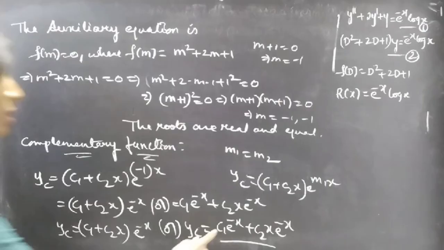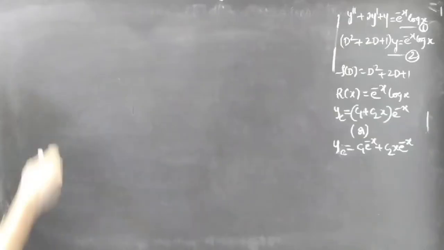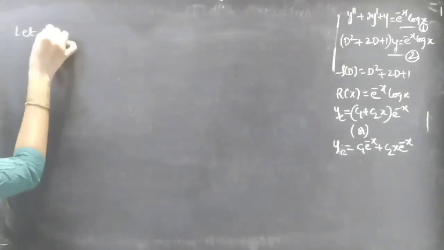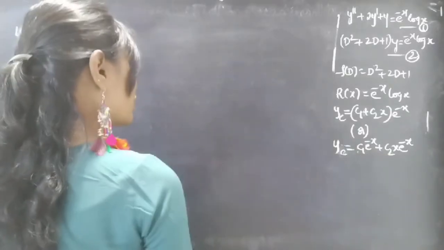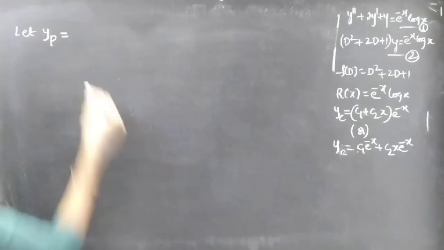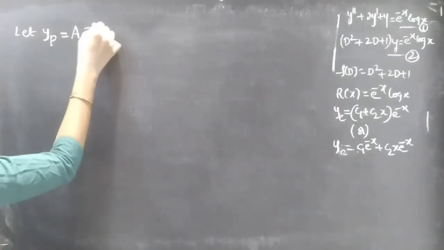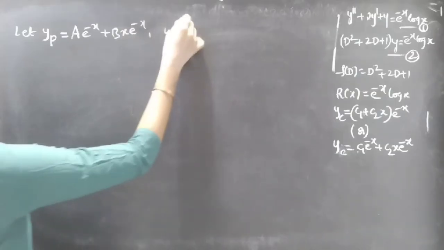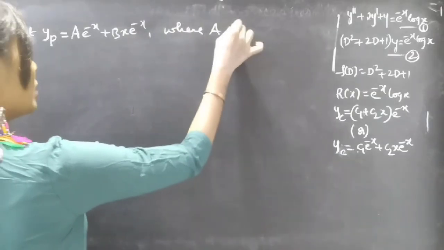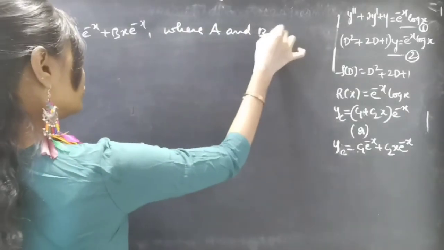Now just replace the parameters with functions of x, a and b, to get yp. Let yp equal to, just replace the constants or parameters with functions of x, a and b. We'll get yp equal to a e power minus x plus bx e power minus x, where a and b are functions of x.